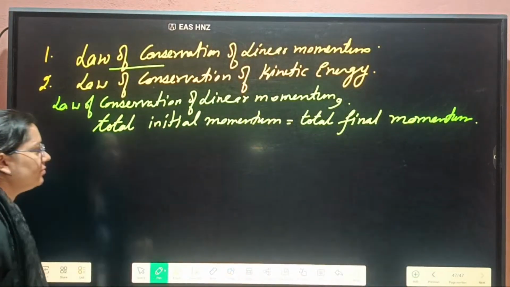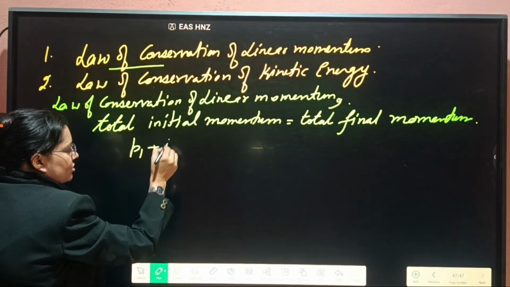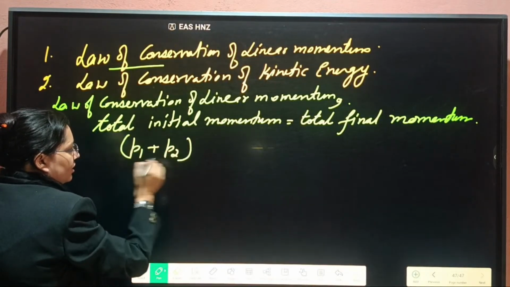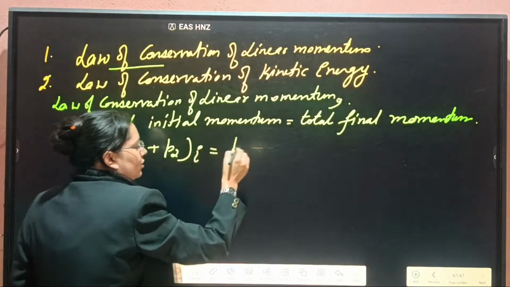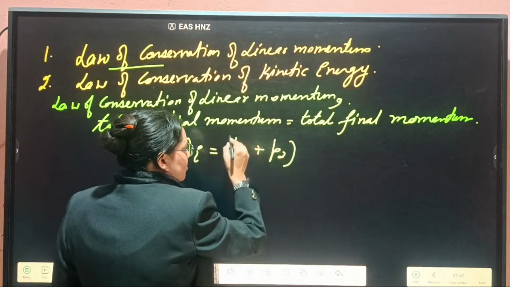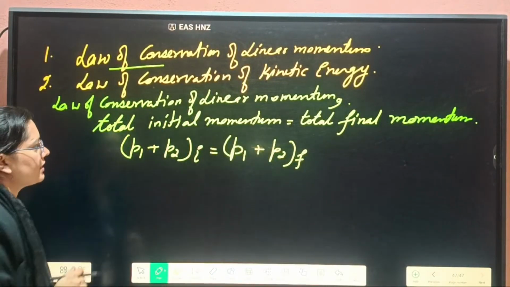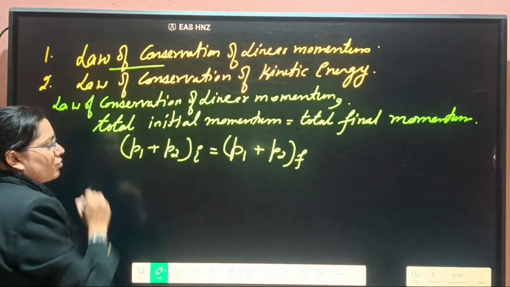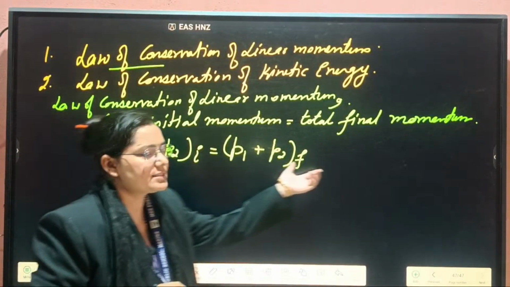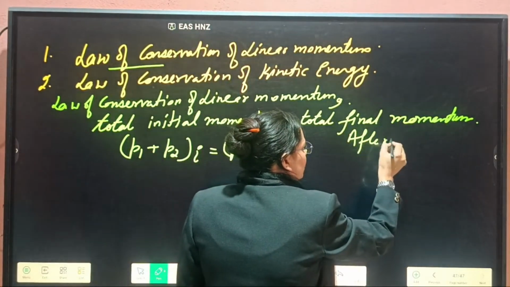Initial momentum we can write as p1 plus p2, equal to the final momentum of mass m1 and mass m2. Okay, initial किसकी बात कर रहे हैं, before the collision, और final किसकी बात कर रहे हैं, after the collision. This final momentum is after collision.